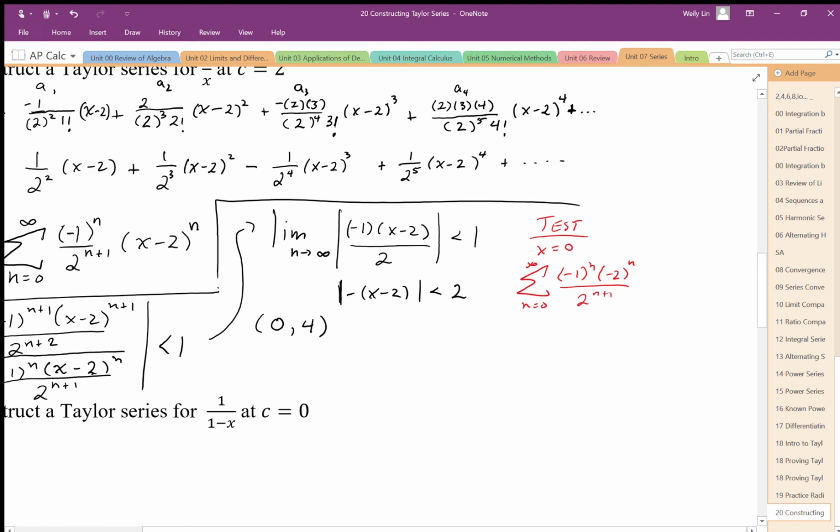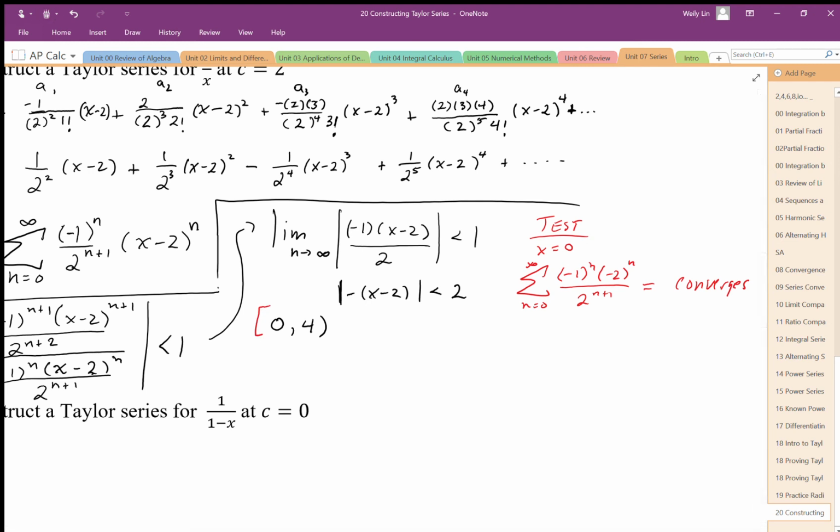This is just going to be positive, but it doesn't really matter because this is a geometric series, so it's going to converge. So we know this is convergent.